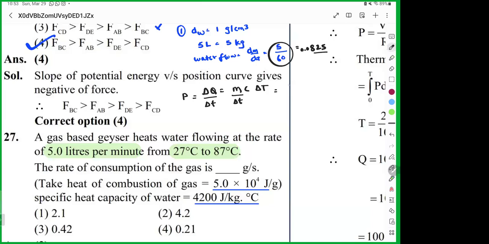Right? 5 kg by 60, that is 1 by 12. What is the C value? 4200. What is the change in temperature? 60. Correct? So power is equal to 21,000 watt.